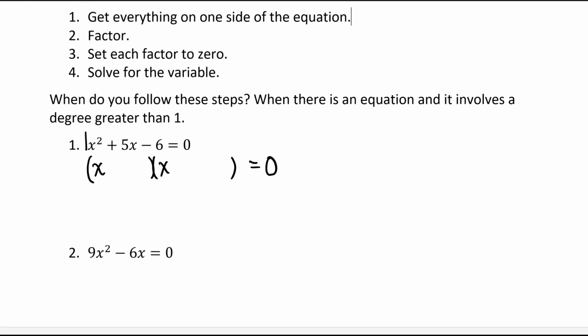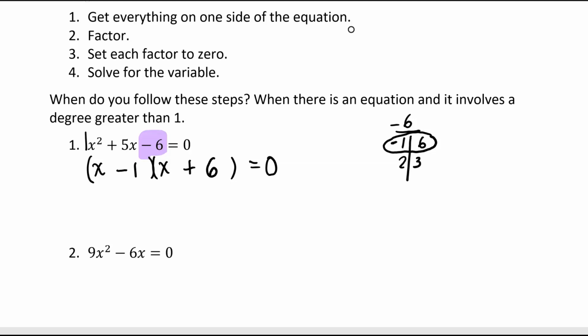Now we need to figure out factors of -6 that add to 5. So you have 1 and 6, you have 2 and 3. What will multiply to give us -6, but at the same time add to give us 5? So would it be -1 plus 6 to give us +5? Yes, it would. So our factors would be x minus 1 times x plus 6 equals 0.